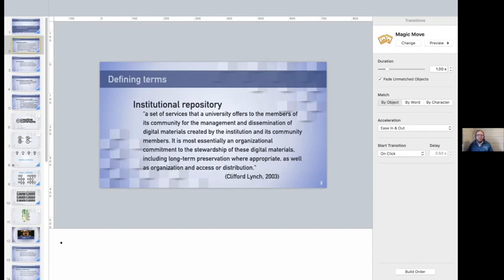Open educational resources, which is another term and one that I'll be using quite a bit, are educational materials that are licensed using Creative Commons licenses so that they can be used in accordance with the 5 Rs.